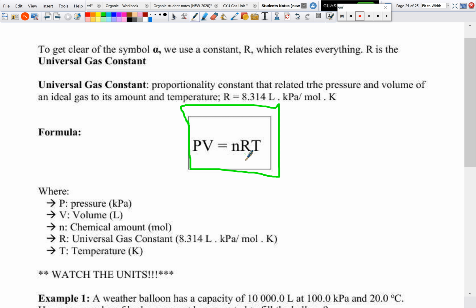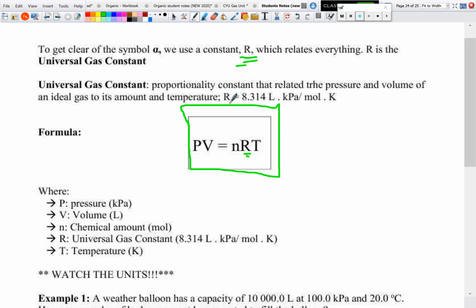Now, first thing you're going to notice, like, oh, I haven't seen R before, and that is true. So in order to get rid of those proportional signs, they used an R constant, which is the universal gas constant. So this was theoretically or mathematically proven, so it makes this equation true, right? So that's when we go away from, okay, it's not proportional anymore, it's actually equal to something.